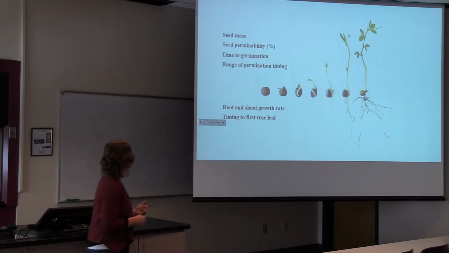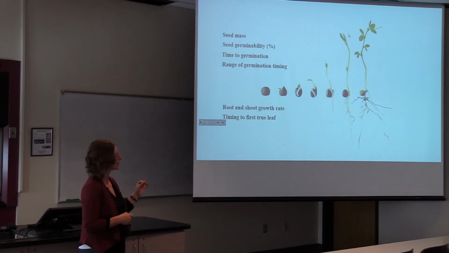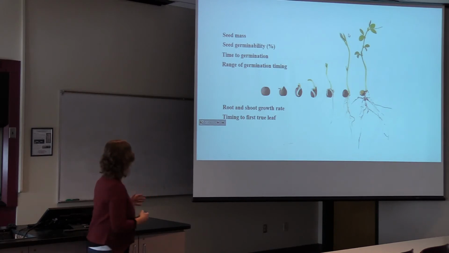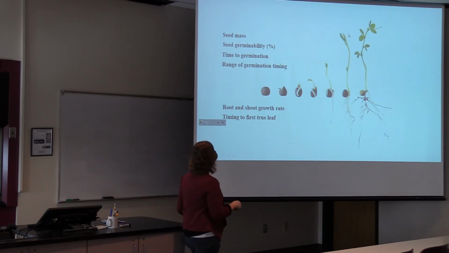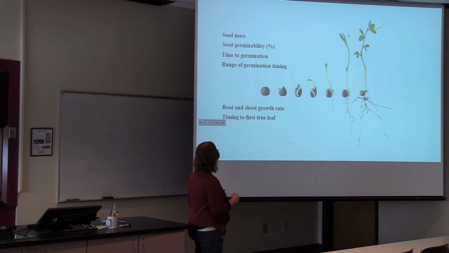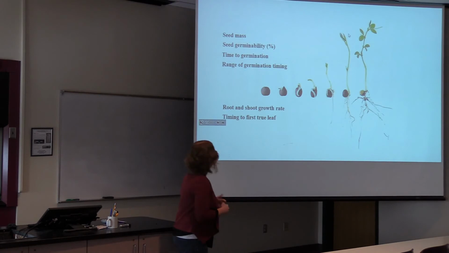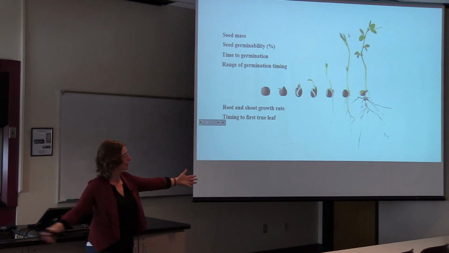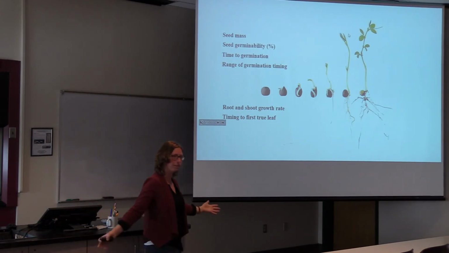And so we're really interested in looking at some traits that describe plants during this early, very vulnerable time period. Some of these traits describe seed vigor, so looking at seed mass and seed germinability. And then we're interested in seed phenology traits, like the time to germination and the range of germination timing throughout a season.